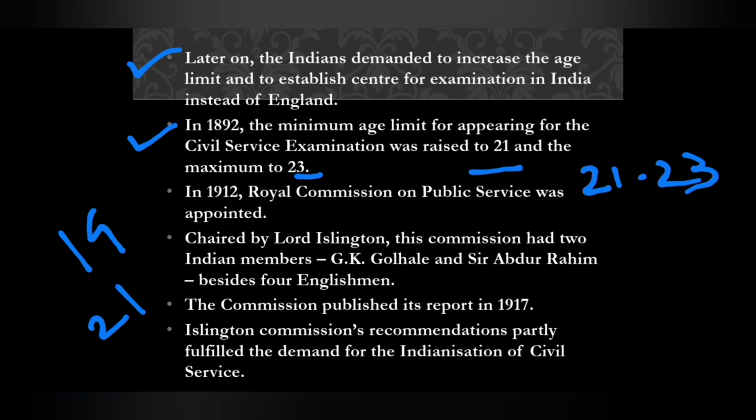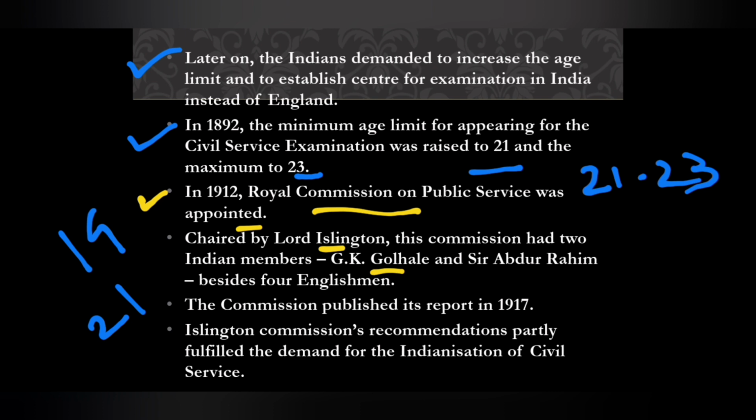1892. Next, in 1912, the Royal Commission on Public Service was appointed, chaired by Lord Islington. This commission had two Indian members. Who were they?